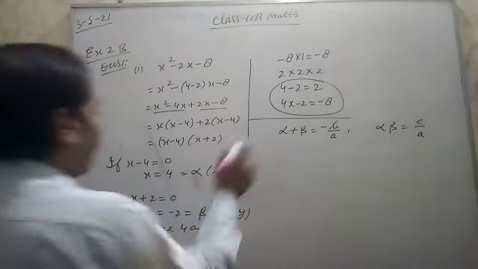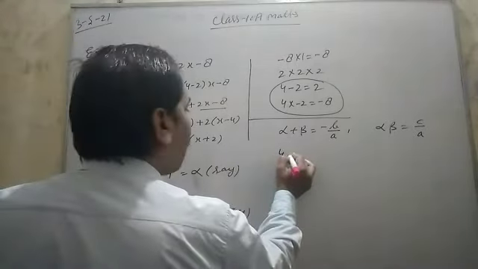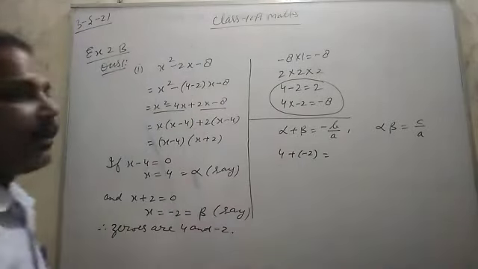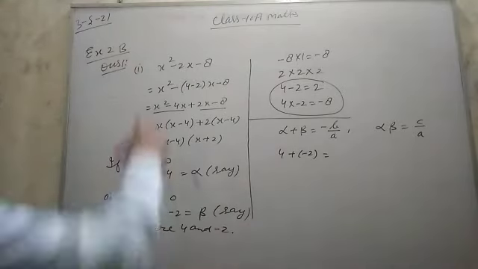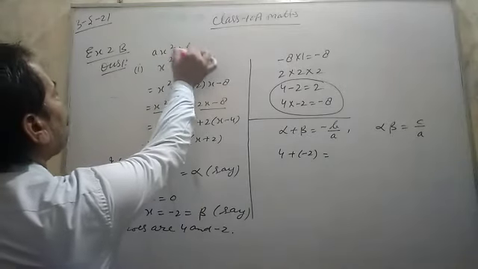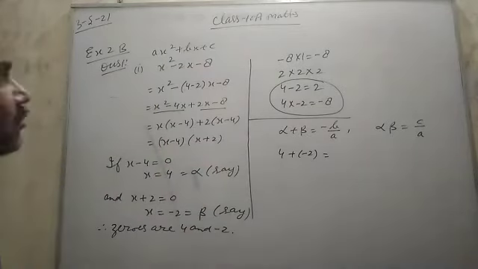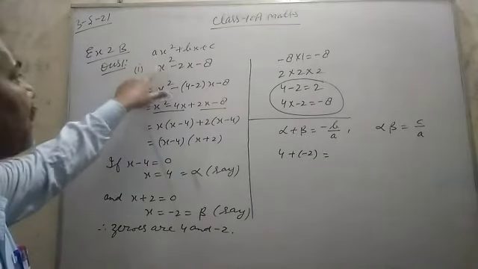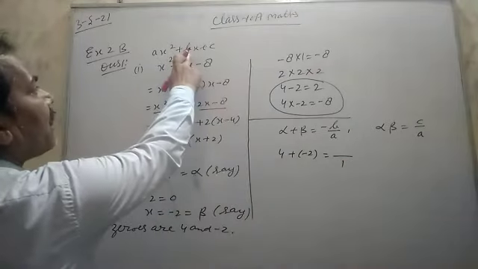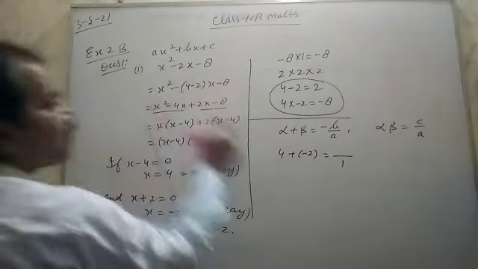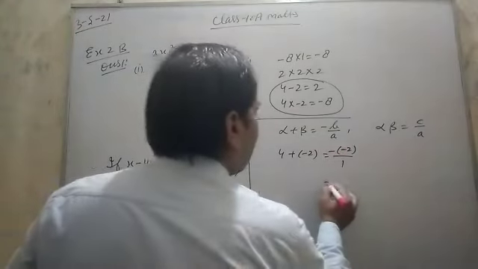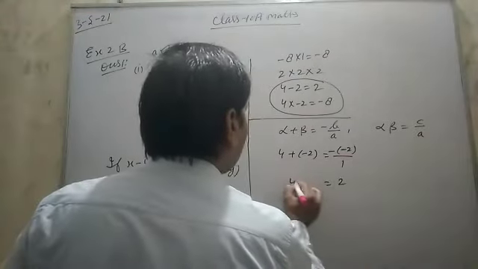So 4 and minus 2: alpha means 4 plus beta means minus 2 is equal to minus b upon a. So compare the given polynomial with ax square plus bx plus c. The x square coefficient is a, and here it is 1, so a is equal to 1. b is the x coefficient, and here the x coefficient is minus 2, so minus b, and the b value is minus 2. Clear? So this will be 2 and this 4 minus 2.